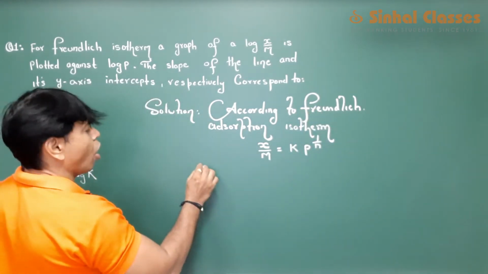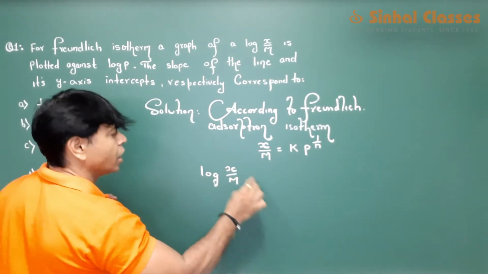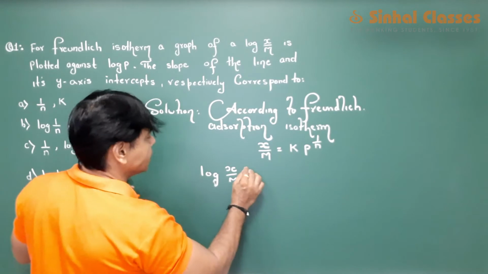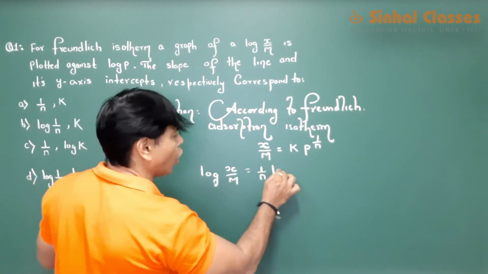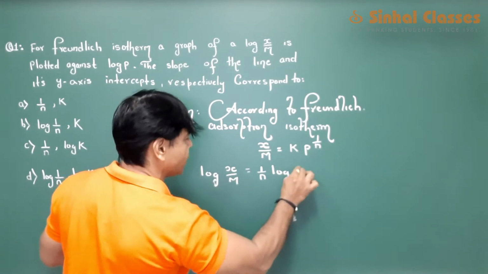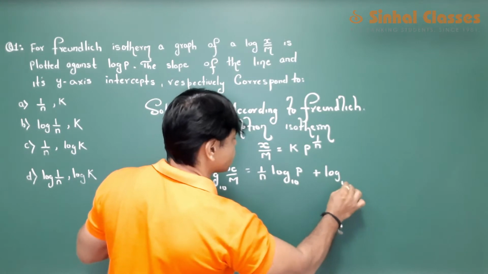Now, taking log on both sides to the base 10, it will be log x upon m is equal to 1 by n log to the base 10 of p plus log to the base 10 of k.